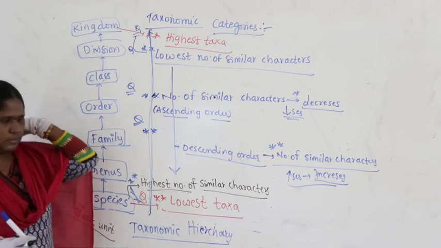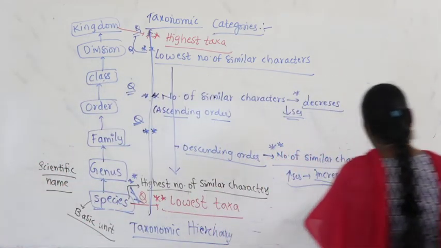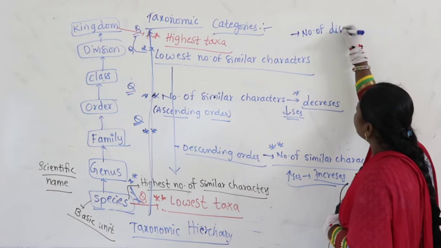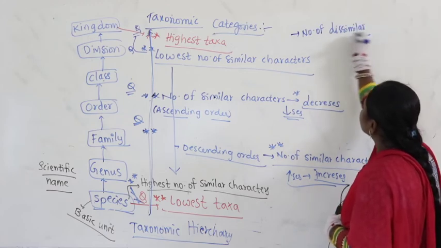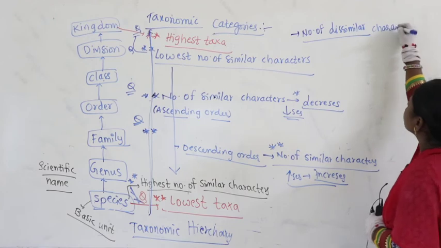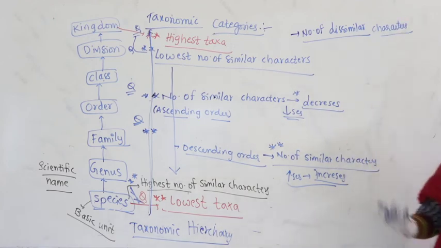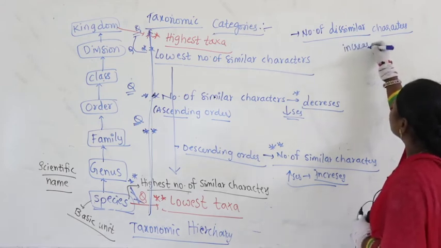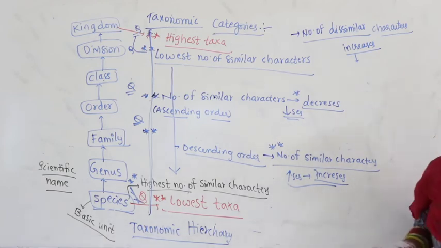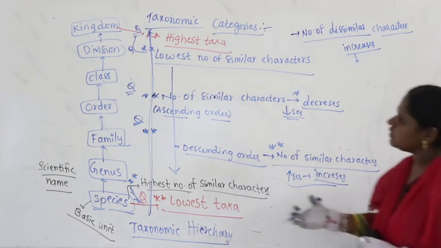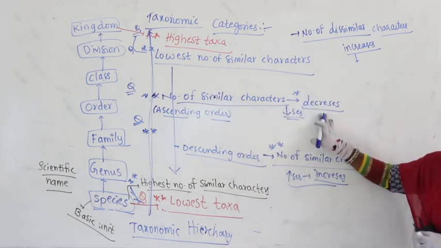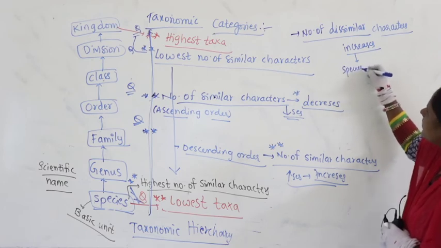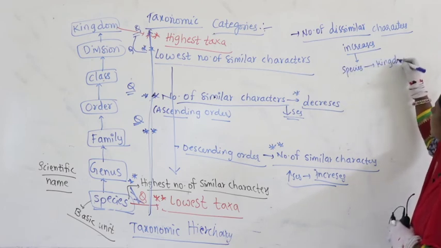Suppose the question is: number of dissimilar characters, meaning not similar characters, they are different characters, increases as they move from where to where? Dissimilar characters here means that when the number of similar characters decreases, the number of dissimilar characters increases. That means when we move from species to kingdom, that is ascending order.